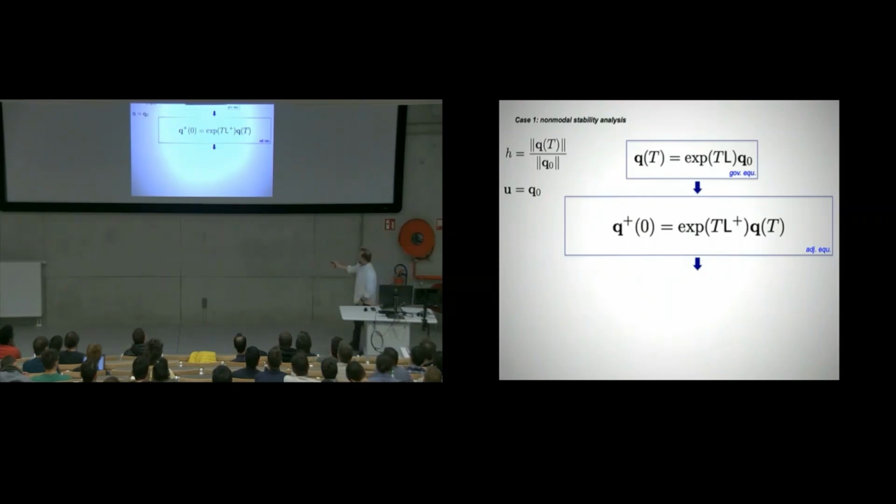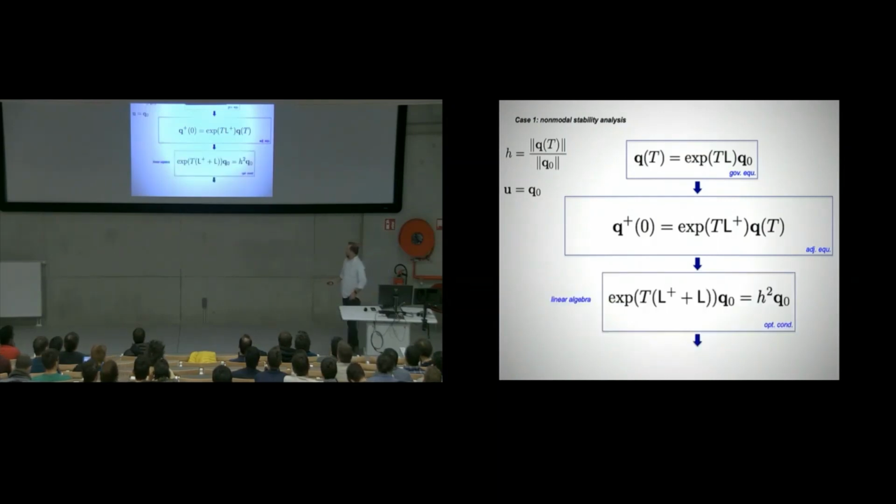And then my third box was the gradient expression, right? I stick all of that into the gradient expression, and what comes out? An eigenvalue problem, where the initial condition is appearing as an eigenvector, and the gain is appearing as the eigenvalue squared.